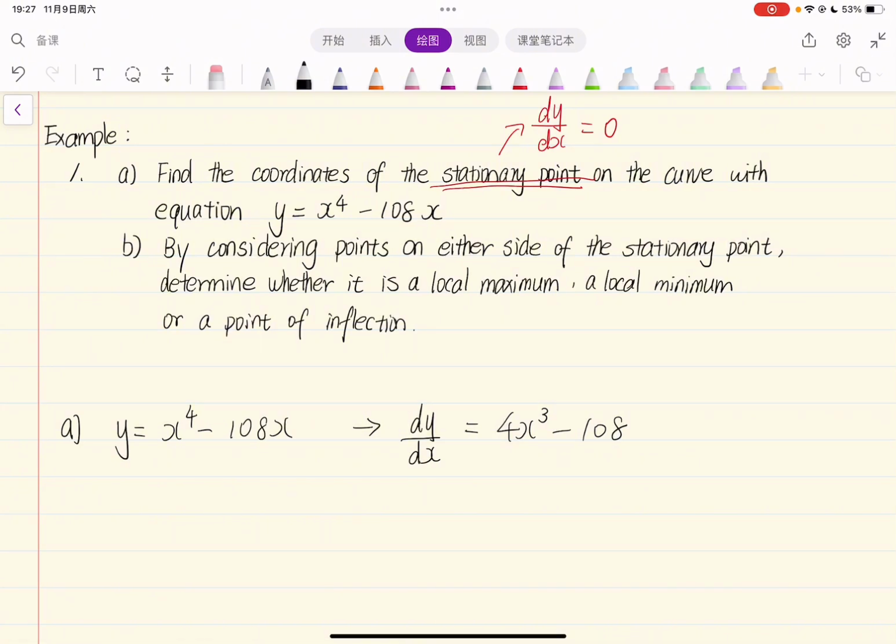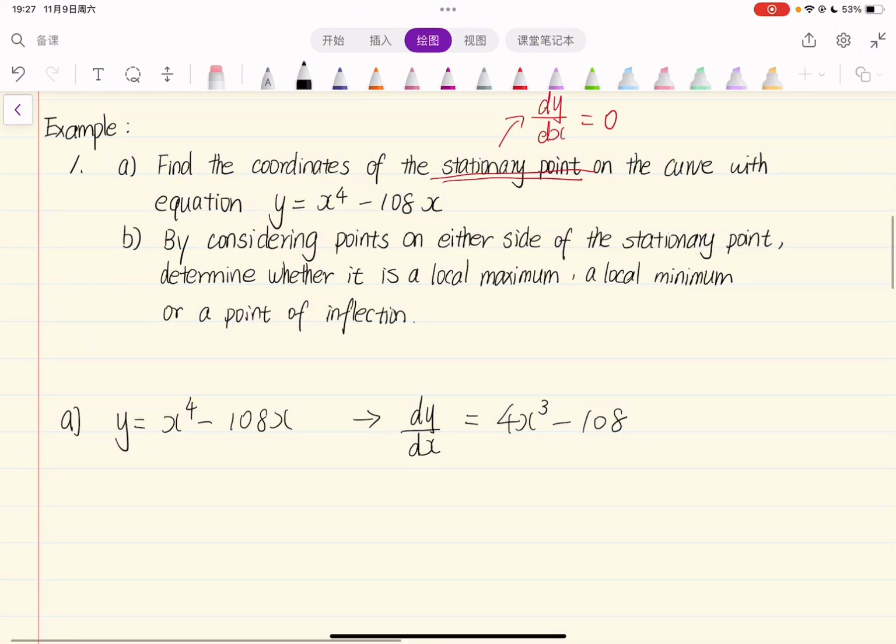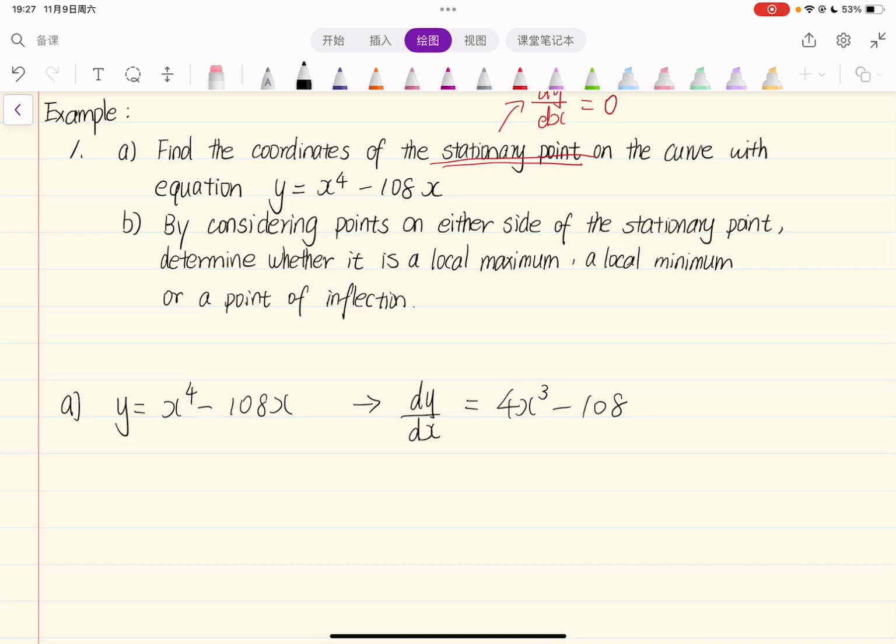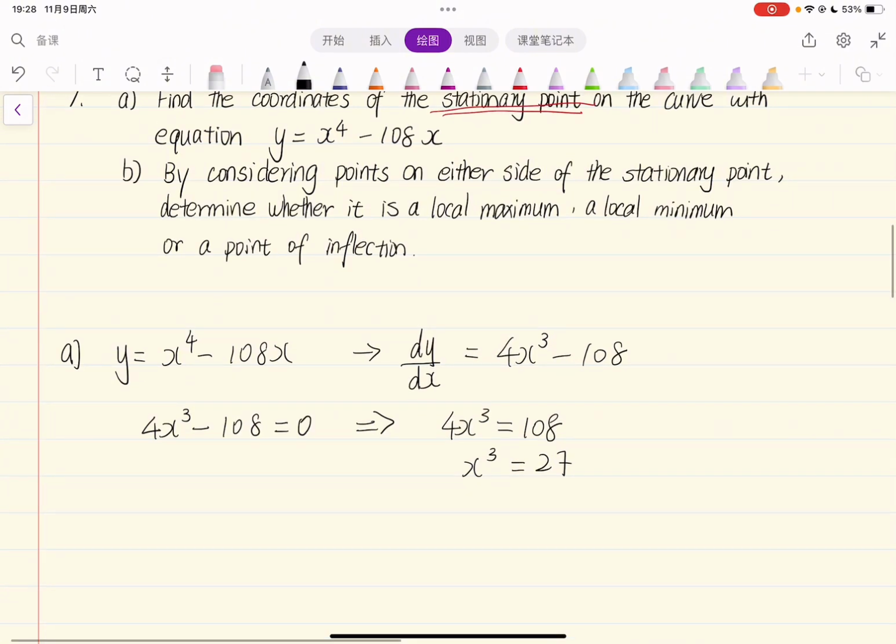To find the stationary point, we set 4x cubed minus 108 equals 0. This implies 4x cubed equals 108, x cubed equals 27. So we have x equals 3.